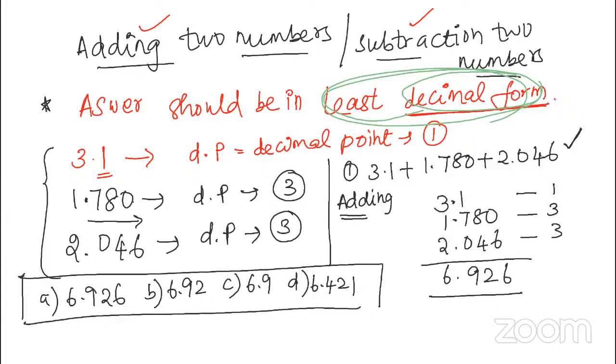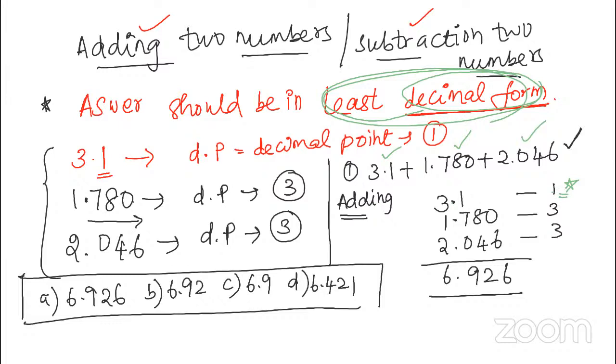So first thing, we notice all the values. So here 3.1 and 1.780 and 2.046. So the least decimal point is this one. That is only 1. So after the decimal point, it is only 1 digit. So we can take the decimal point as 1.